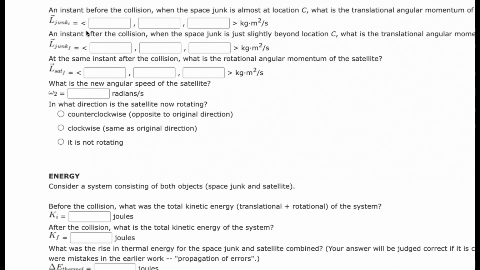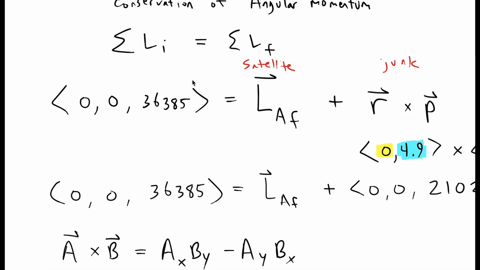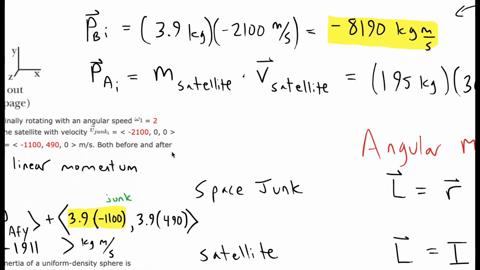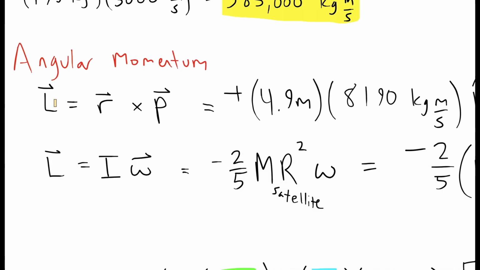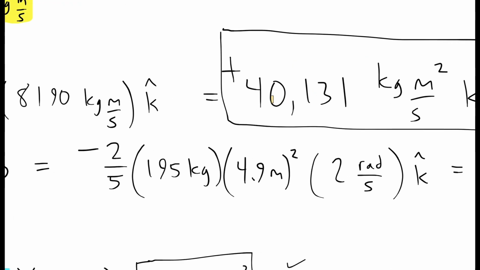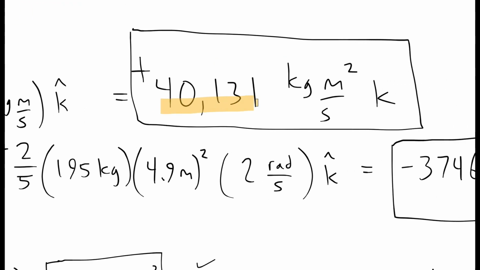Okay, now we have to fill in the initial angular momentum of the junk. That was calculated, that would be this calculation here that had been done for the space junk. So this is our angular momentum initially for the space junk.